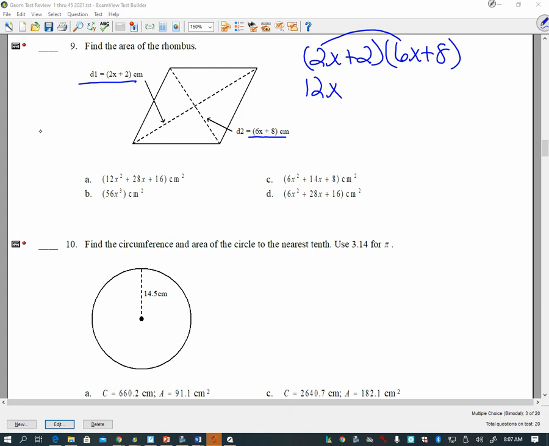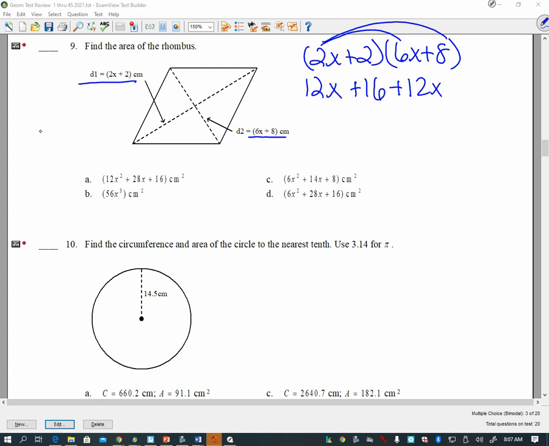What is 2x times 6x? 2x times 8 is what? 16x. Two times 6x is what? 12x.